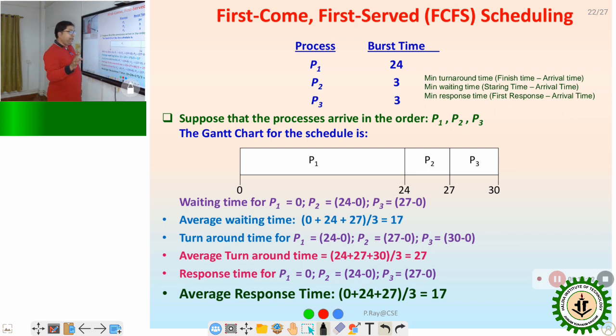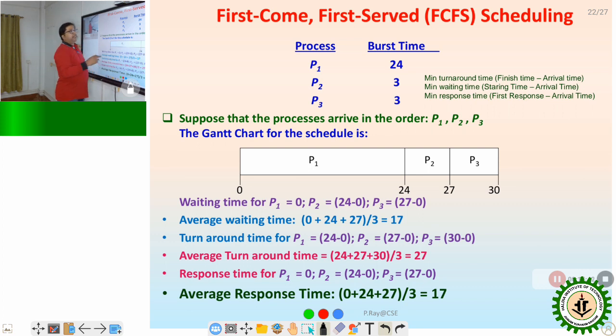Similarly, for P3 it is 27 minus 0. Why 27? The P3 arrival time is 0, but it starts from 27. So the average waiting time is 0 plus 24 plus 27, divided by 3. So 17 is the answer for the average waiting time.